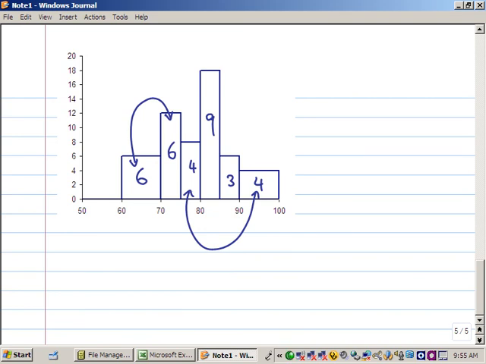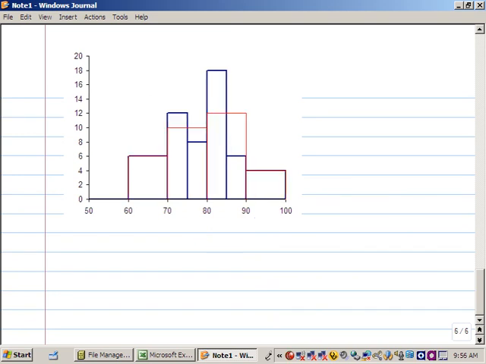Now let me show you both the histograms together. Okay, and here we have both those histograms together. The first one with the red lines and the second one with the blue lines. And now that you can see them both together, you can see that these areas in both renditions are the same.